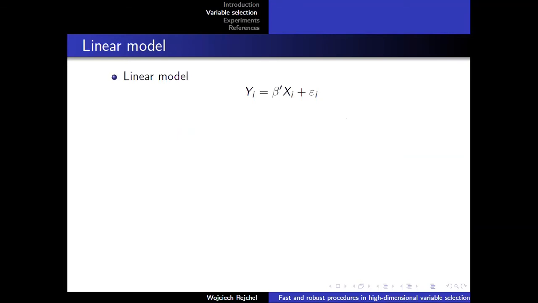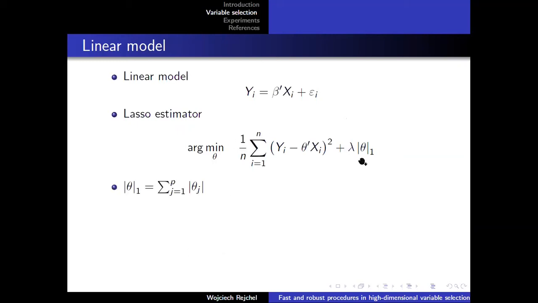So if we focus for a second on the linear model in the high dimensional case, then there is a very popular procedure called Lasso, which is about minimizing the sum of risk and the sum of penalty, where the penalty is the L1 norm.